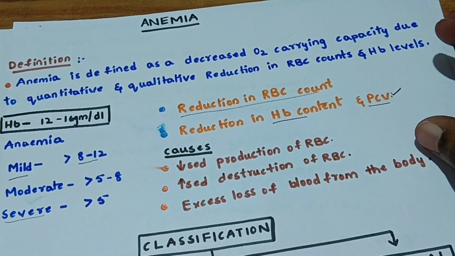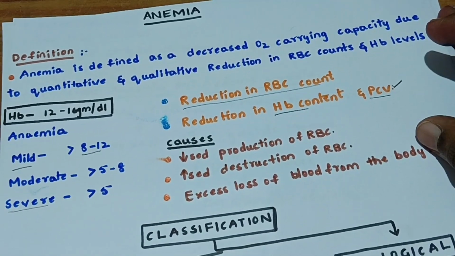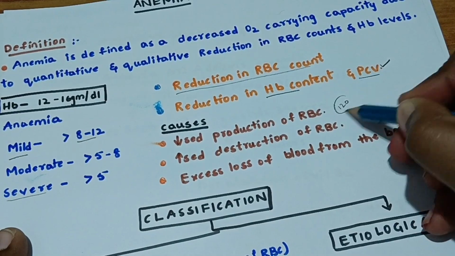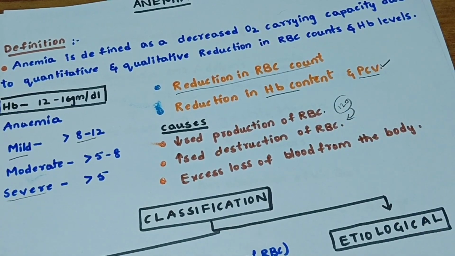When there is a reduction in RBC, it may be due to decreased production of RBC or increased destruction of RBC. After 120 days, the RBC get destroyed, right?